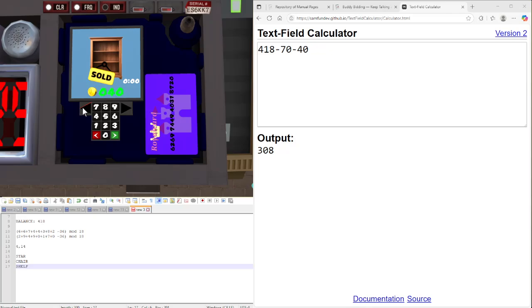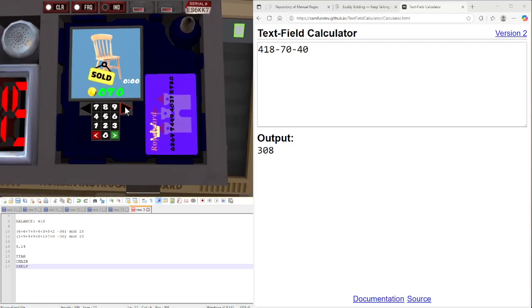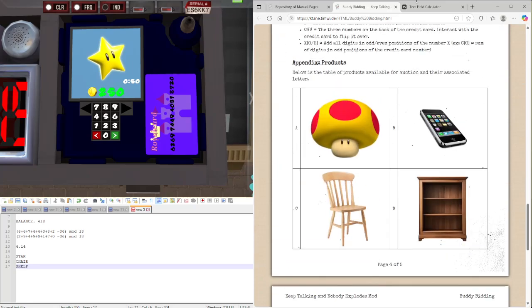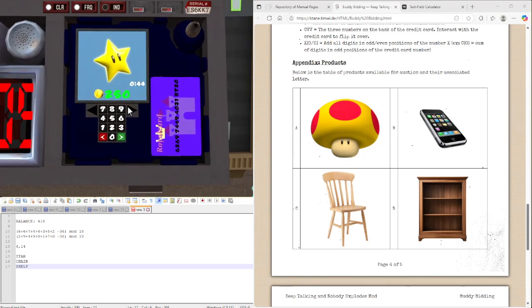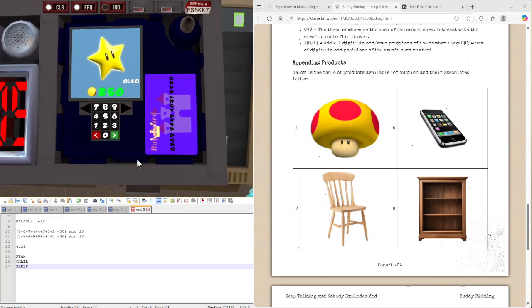We need that one. I really hope that the phone wasn't what we needed. But this should probably sell before the phone then, if we get this. And hopefully it's right, if they stop picking it up.